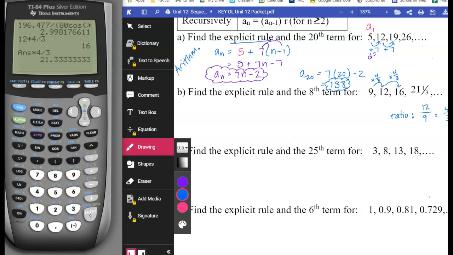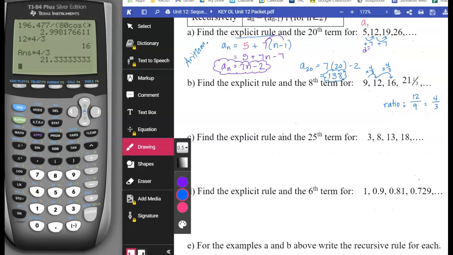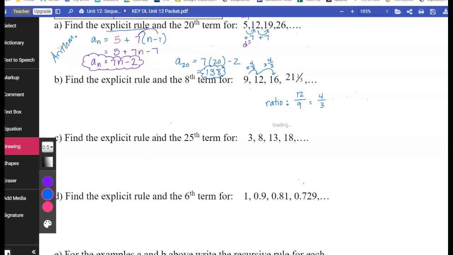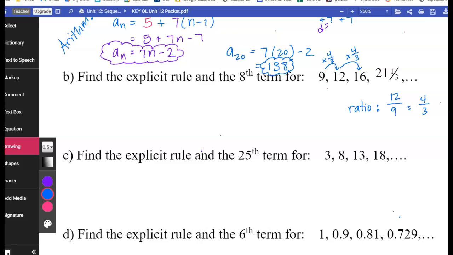Is that 21 1/3? Oh, yes, it is. So, what type of sequence is this? It is geometric because I'm multiplying by the same amount. Good.